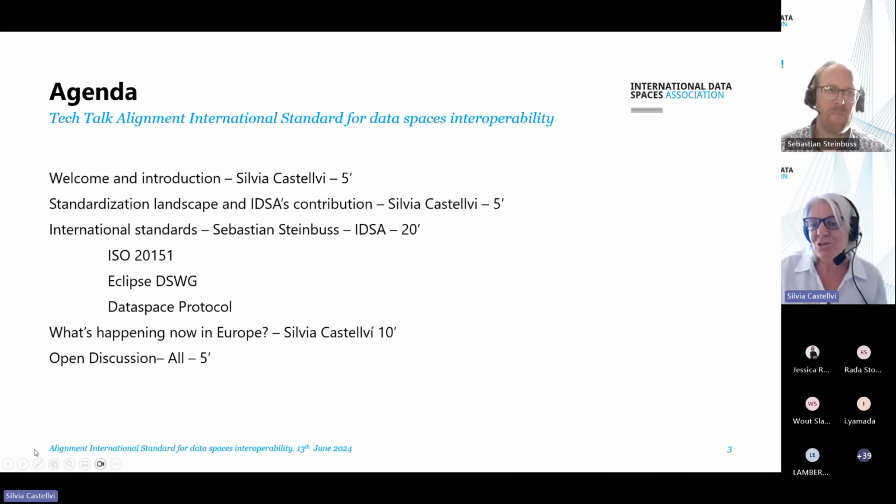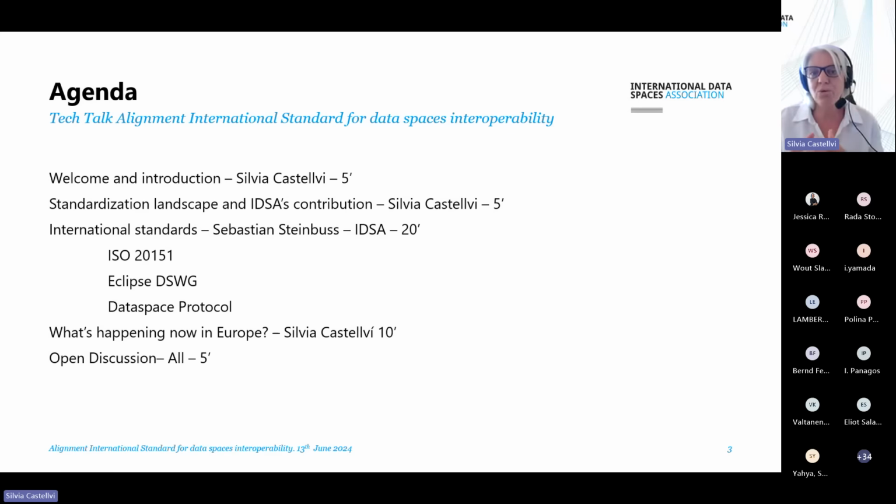So let me introduce you first and guide you through the content that we will have today. First, I would like to share with you a short introduction about standardization activities, the standardization landscape, and how IDSA is contributing to this.